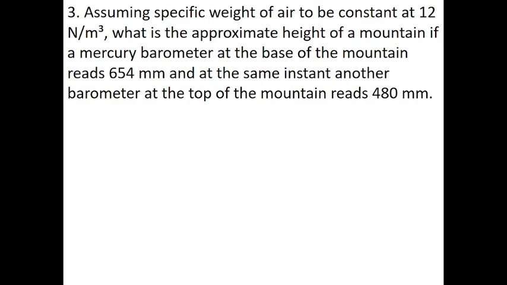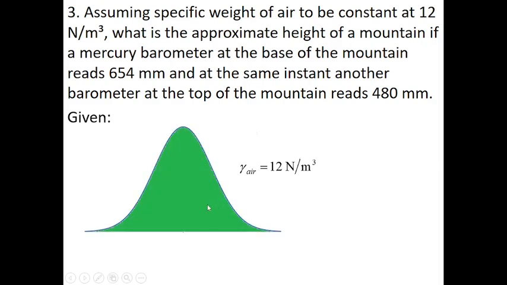Okay, let us analyze the problem. So we have here a specific weight of air that is constant at 12 newtons per cubic meter. In this case, we have this mountain, and we are going to determine the approximate height of it.